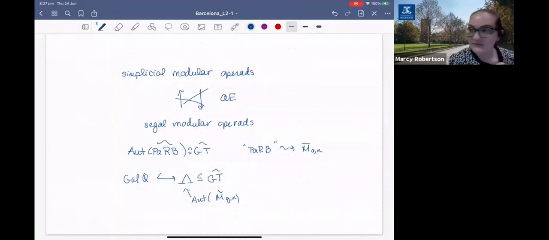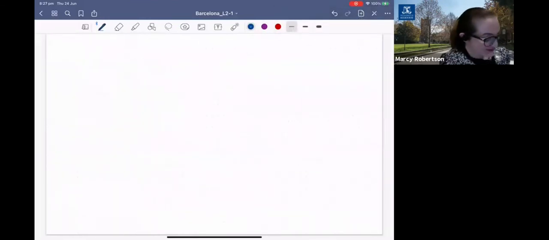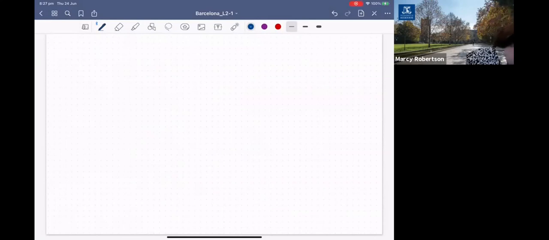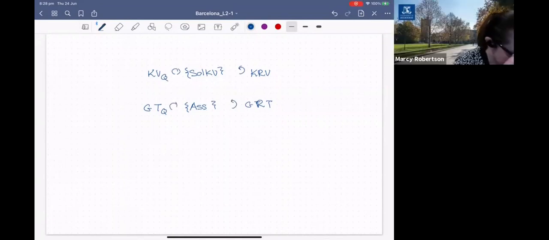Sort of an aside, since I'm already doing this, there's this whole other story. I intended to ask this at the end of next time, but this is a question for the audience. There's this whole other story of these Kashiwara-Vergne groups. We've been talking about associators in Daniel's talks. And so you know that you have GRT, these are pro-unipotent groups, what I'm writing down here, so I'll put the Qs, acting on the class of Drinfeld associators.